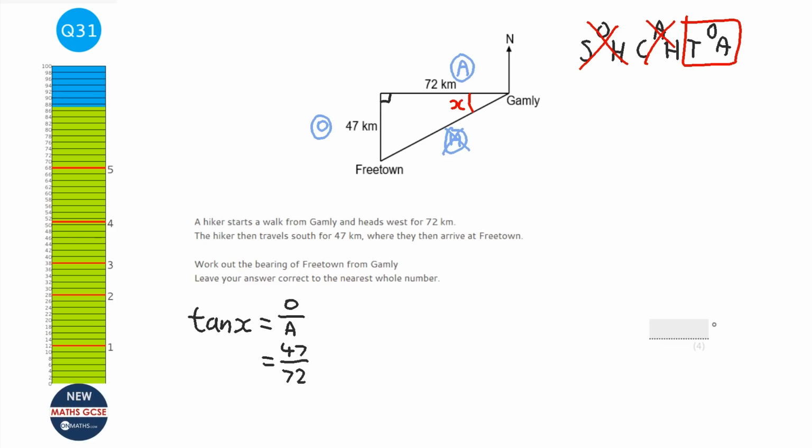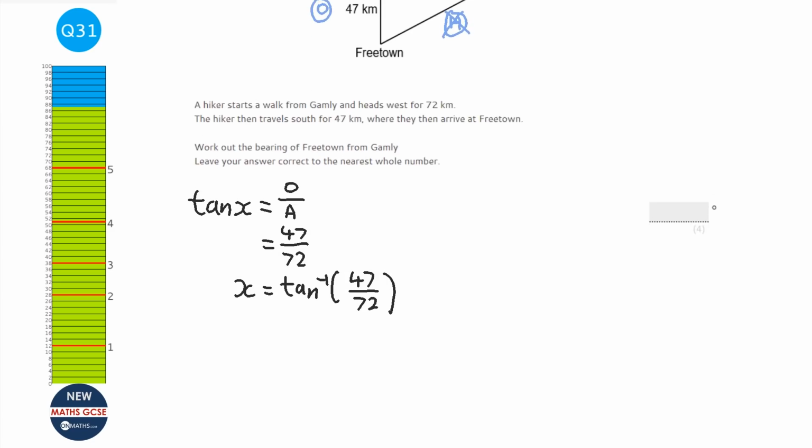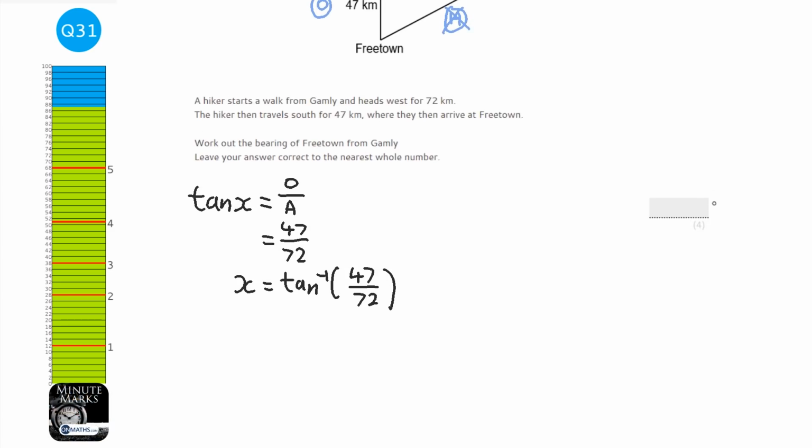Now we want to work out what x is, so to do that we want to inverse tan both sides. Okay, let's just scroll down. So on the calculator you want to click shift or the equivalent on your calculator and then tan, and then you press the fraction button, 47, and go down, 72.